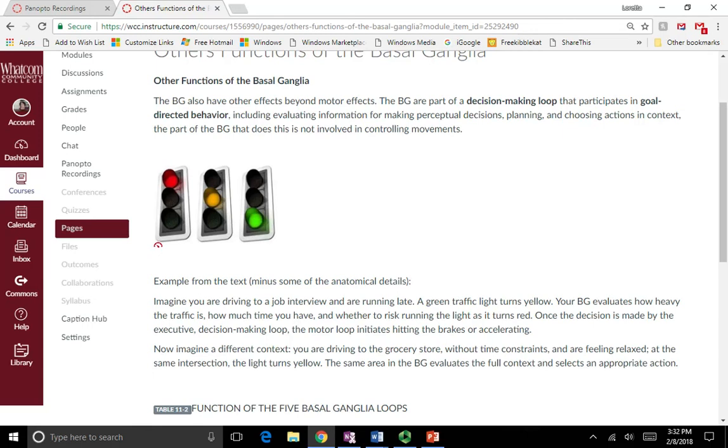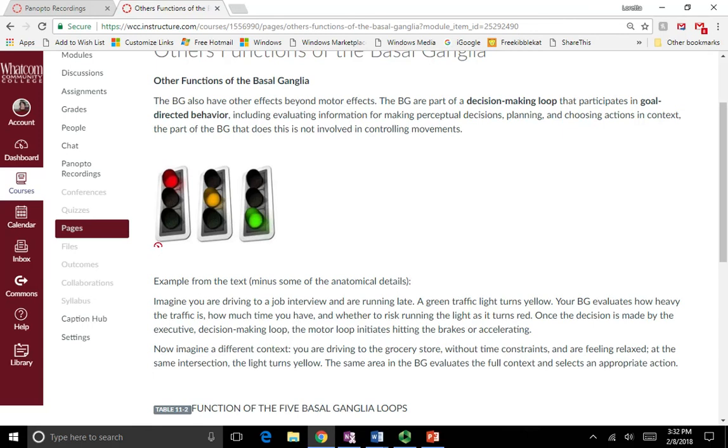So in a different context, like you're in that same intersection, but you're driving to the grocery store, it's your day off, you don't have any time constraints, you're more relaxed, and the light turns yellow. So the same area in the basal ganglia evaluate the full context and select the appropriate action. So maybe you decide to hit the gas. You know, I can make it before the light turns red. And then at the last second, you see a bicyclist coming up, and you go, nope, change my mind. I'm going to hit the brakes.